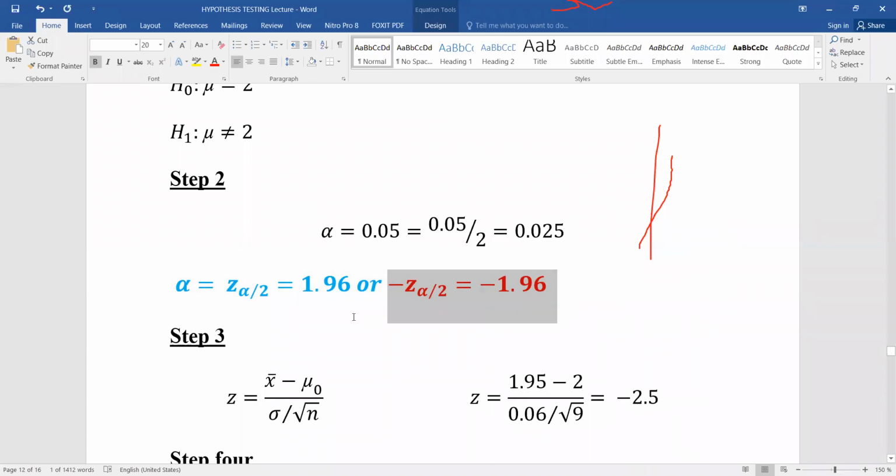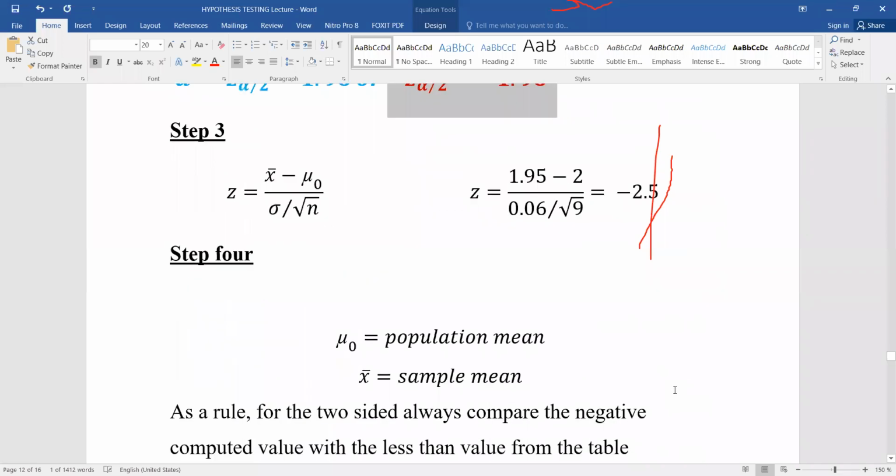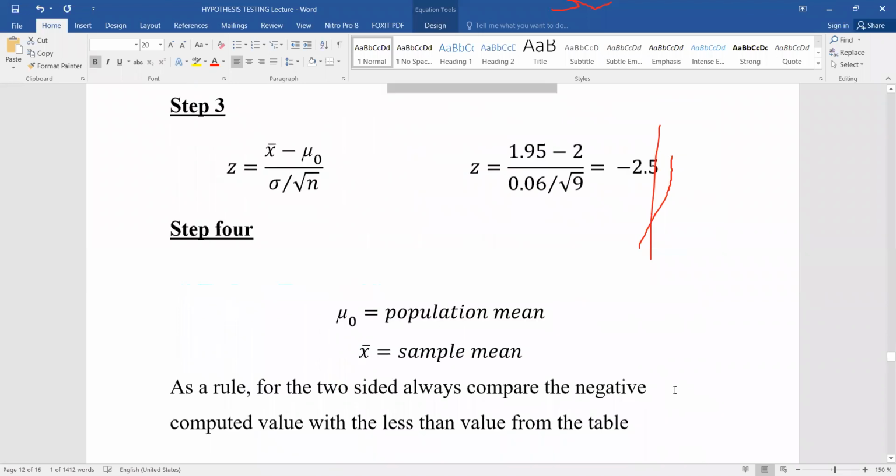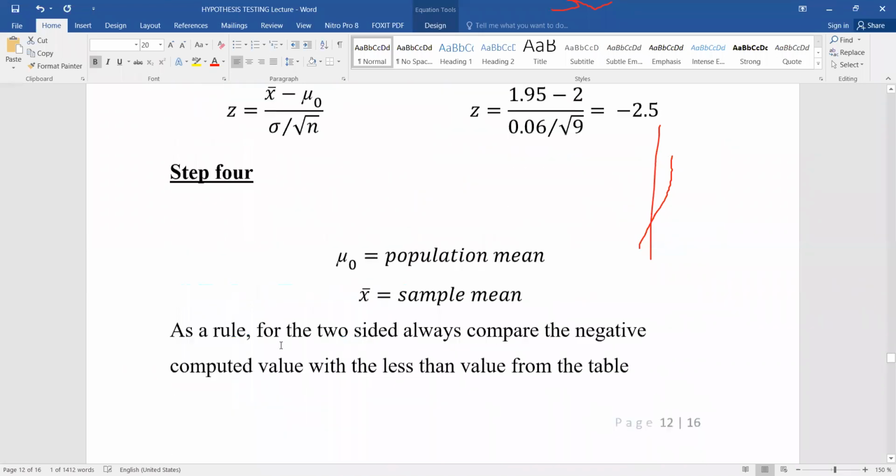If it is positive, we compare it with the positive value from the table. As a rule, for two-sided, always compare the negative computed value with the less than value from the table.